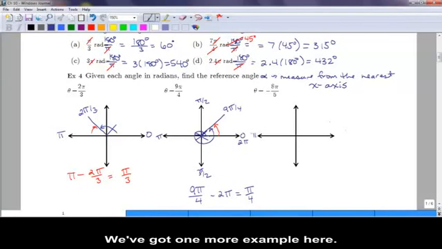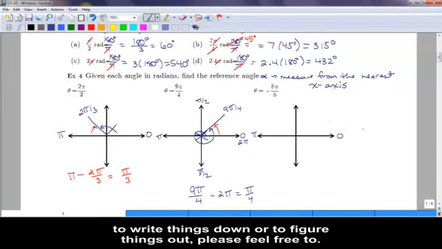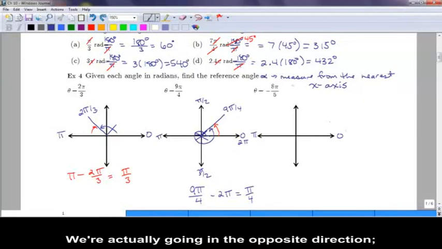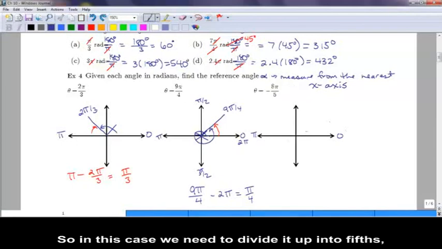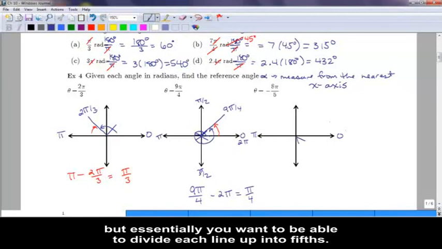Okay, we've got one more example here. And again, if you need to pause the video at any time to write things down or to figure things out, please feel free to. This last one has a negative here, so we've got to be careful. We're actually going in the opposite direction. We're going clockwise now. So in this case, we need to divide it up into fifths, which might be a little bit harder to see, but essentially you want to be able to divide each line up into fifths.